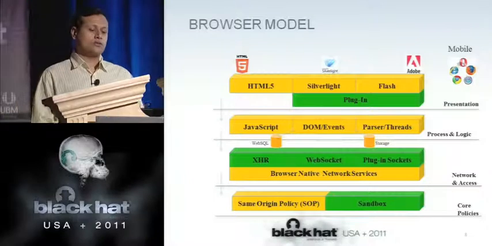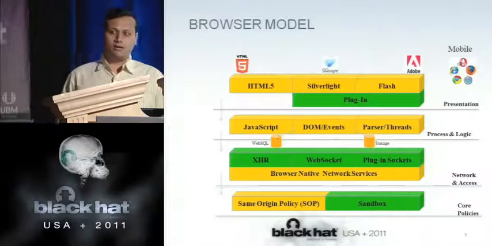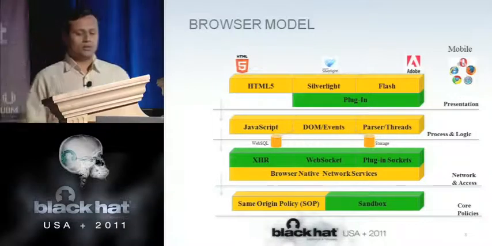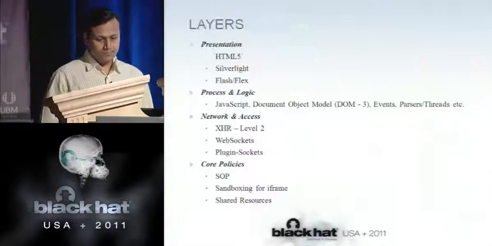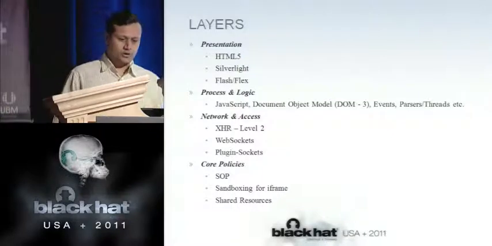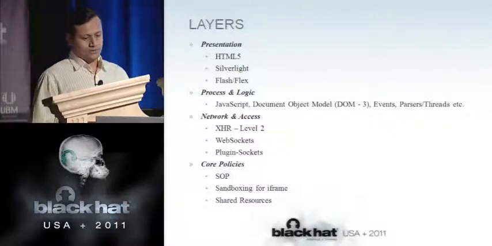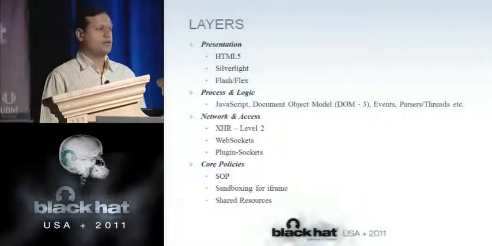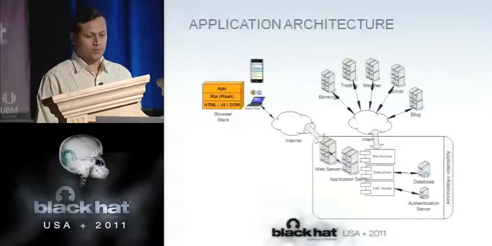I think Chrome 5 is supporting HTML5 fully, and then IE and Firefox are supporting it in their limited capabilities. So these are the layers: presentation, process logic, network access, and core policies, where SOP, sandbox, and shared resources are the 3 important policies.